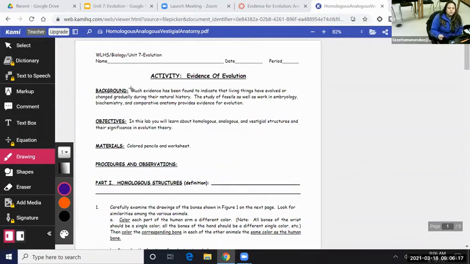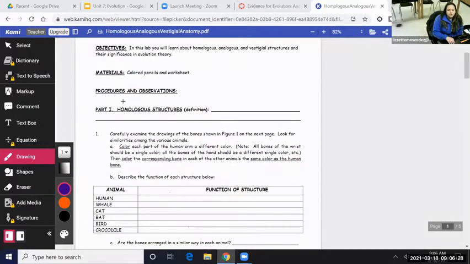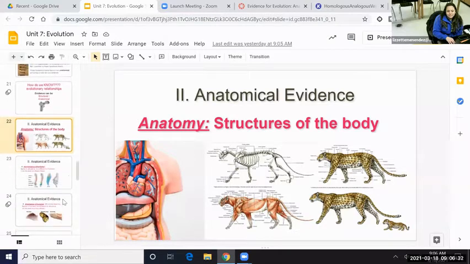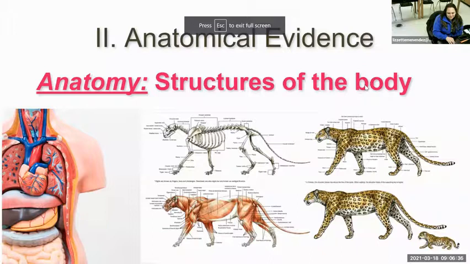So in this lab, you're going to learn about homologous, analogous, and vestigial structures and how they play a role in the theory of evolution. So the first part here is homologous structures. I'm going to go ahead and put the definition up on the board for you.